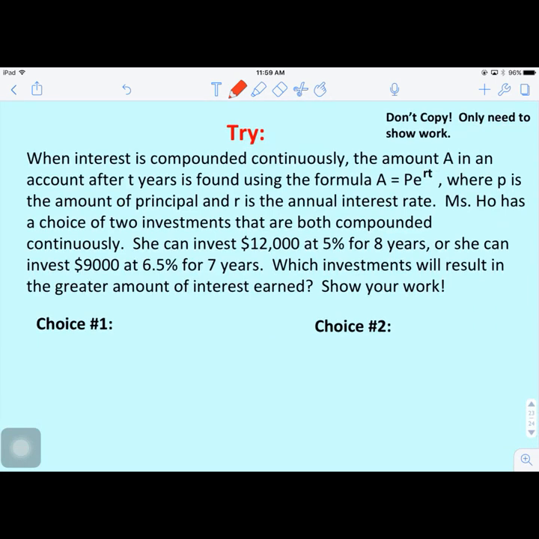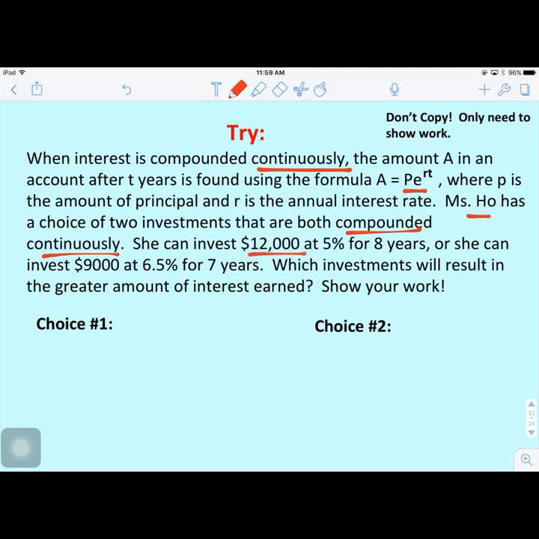And let's take a look at the next problem. When interest is compounded again continuously, the amount A is given by the formula. So it's just describing that this is the formula you need to use, where P is the amount of the principal and R is the interest rate. Ms. Ho has a choice of 2 investments and they are both compounded continuously.